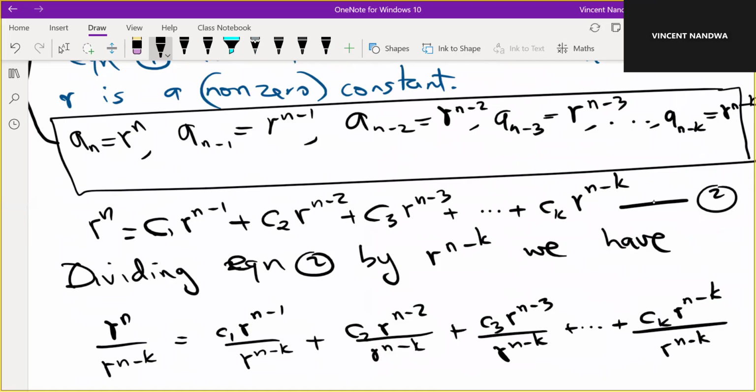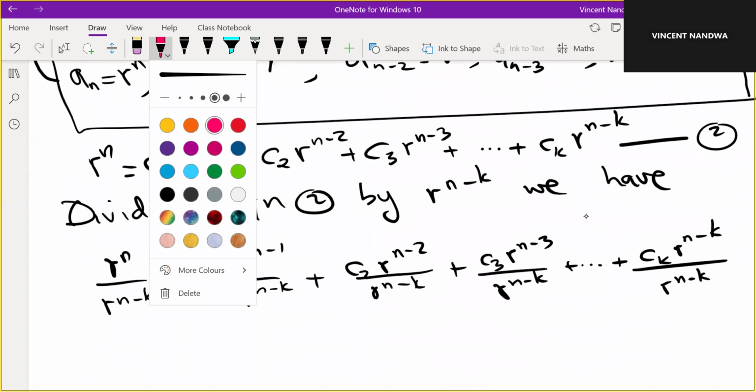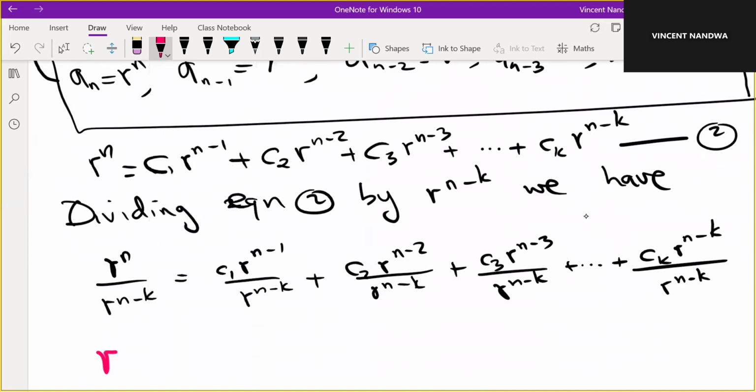So from laws of indices, what would be the simplification of the left-hand side? What would be the new power of r? R power n divided by r power n minus k.